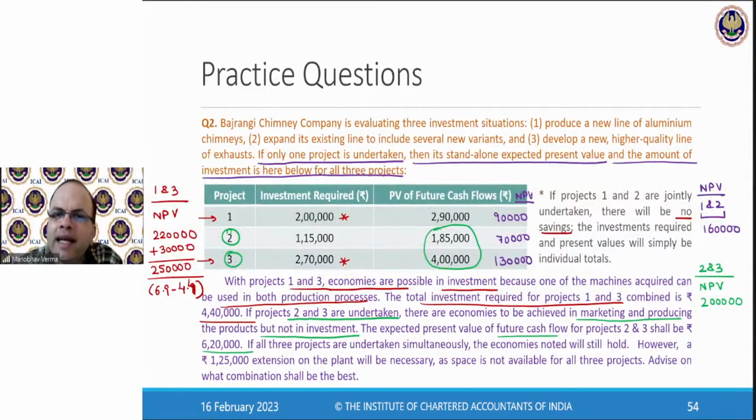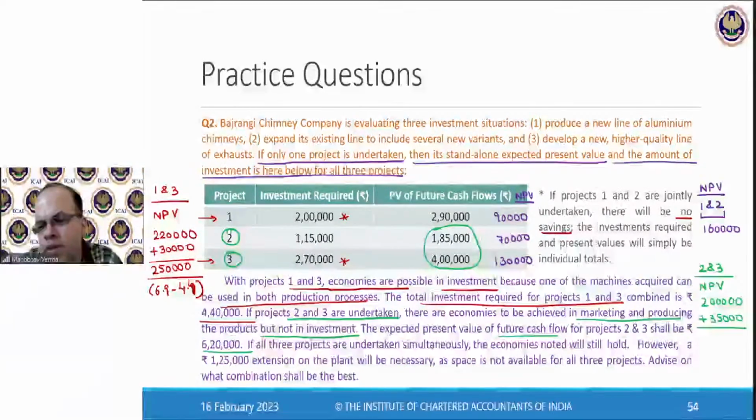So what is the additional increase in inflows, guys? 585 to 620, I think additional 35. So my NPV remains 2,35,000. We can also compare like 6.2 minus 3.85.